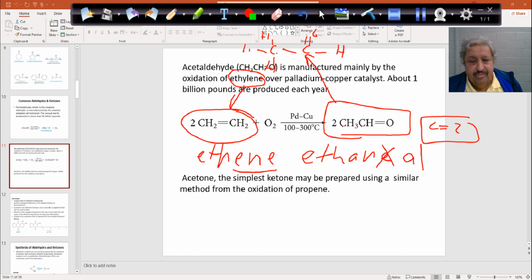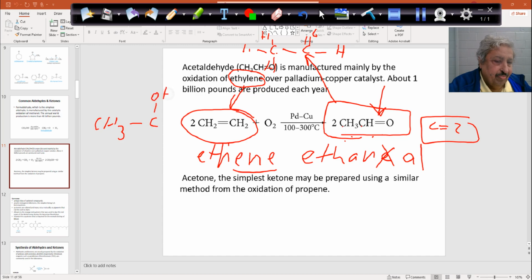Anyway, can we get this one here differently? Why do we have to use only the double bond? Come on, guys. If I take a primary alcohol, I can oxidize it to an aldehyde. That's not in the slide, but if I have CH3CH2OH, that's a primary alcohol, correct?